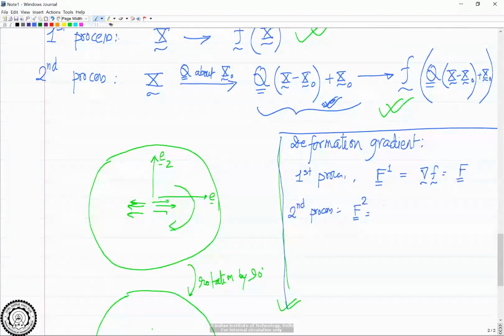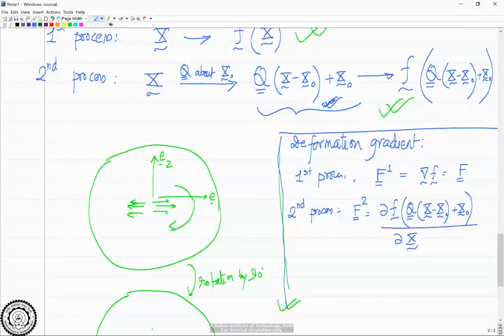So that has to be del F, and inside you have Q into big X minus big X naught plus big X naught, and take the derivative with respect to big X. Isn't it?